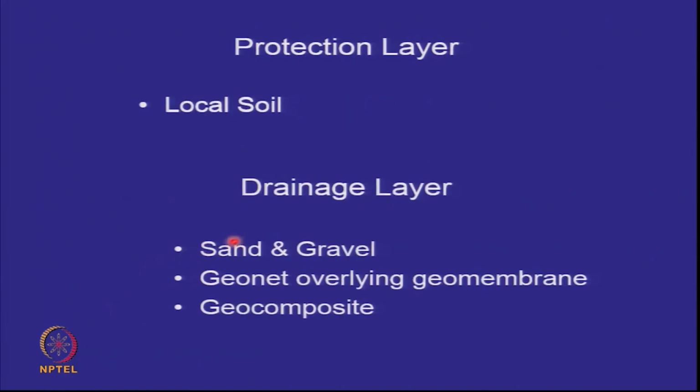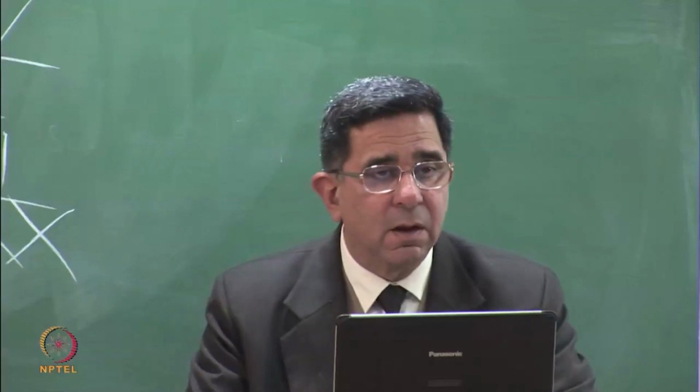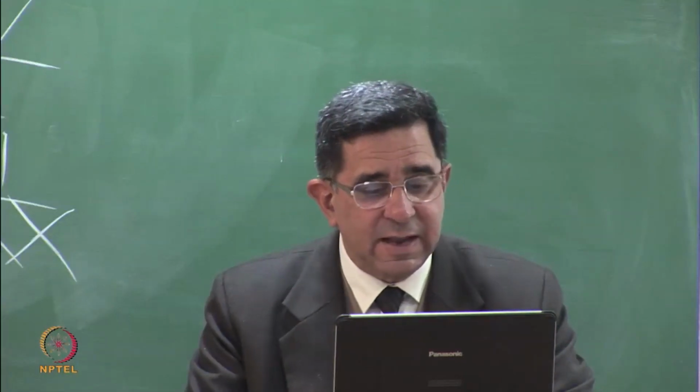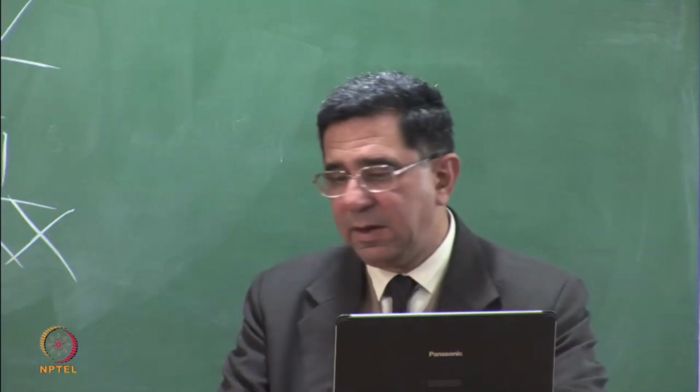Here you will see that in the drainage layer we have a sand and gravel layer, and below that there is written GeoNet, overlying geomembrane, and there's another word called geocomposite. We have all seen a geomembrane last time, right? Now I'm going to do with you GeoNet overlying a geomembrane, and geocomposite. So first I'm going to show you these specimens, and then we'll carry on the discussion from here.